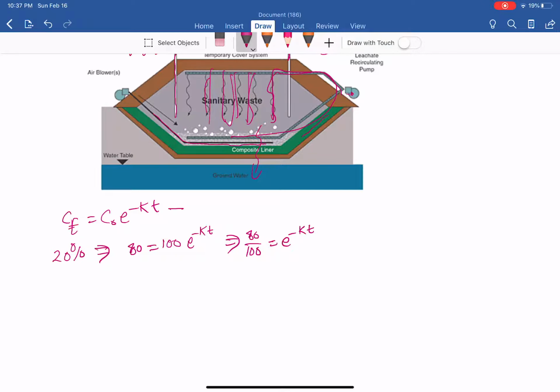So now this is 0.8 equals e to the minus kt, and then you could ln both sides: ln 0.8 equals minus kt. So the time is equal to ln 0.8 over minus k. So this is for 20%.